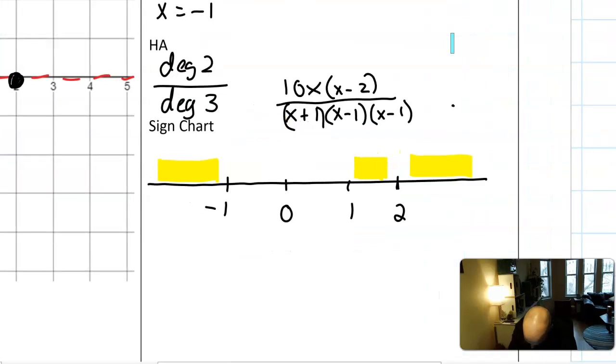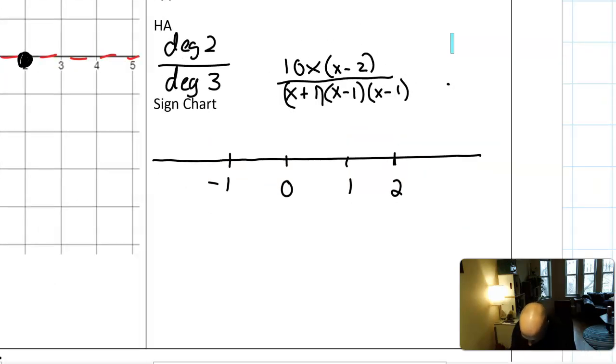Okay, let's start making our little sign chart. So again, what we're doing in a sign chart is just working from the left to the right and thinking about in each of those 5 zones, what would the sign of each factor be if we're between those x values? So over on this left side, I'm not going to worry about the 10, that just always is positive.